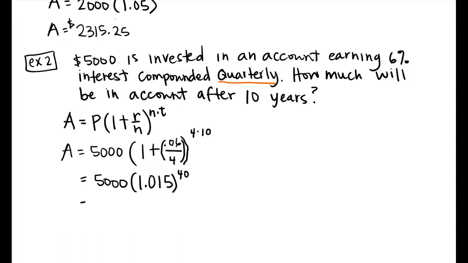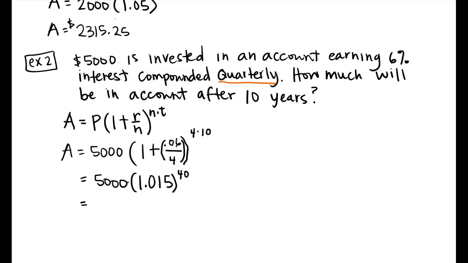All right, and again, with your calculator, you got to make sure you're not doing 5,000 times the 1.015 and then raising that to the 40th power. You've got to take your 1.015, raise that to the power, right? Because order of operations says do exponents before we do multiplication. Right?